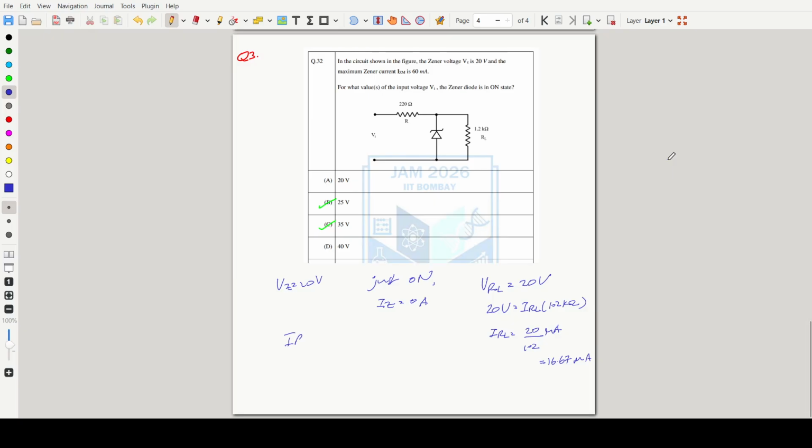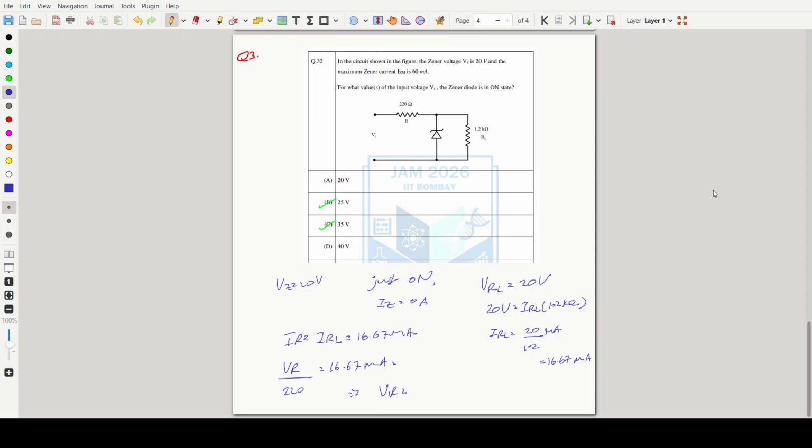So IR equals IRL, which equals 16.67 milliamps. And IR is the voltage across my R divided by 220. And from this, I can determine VR.